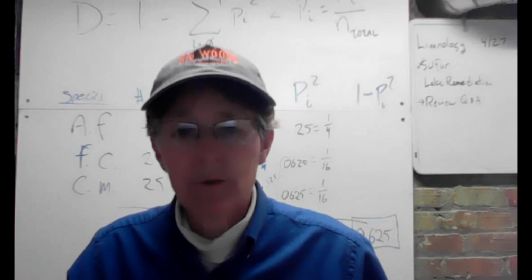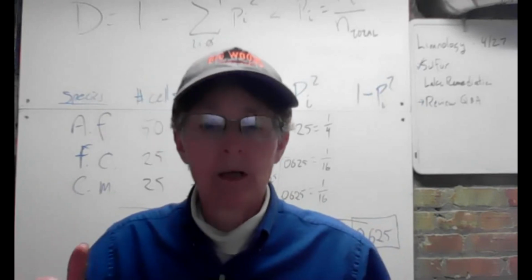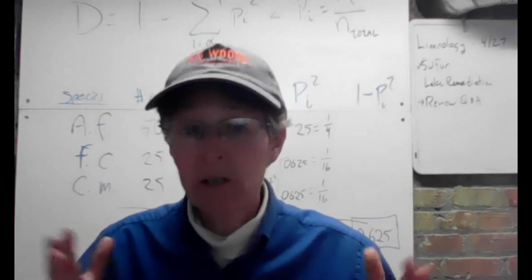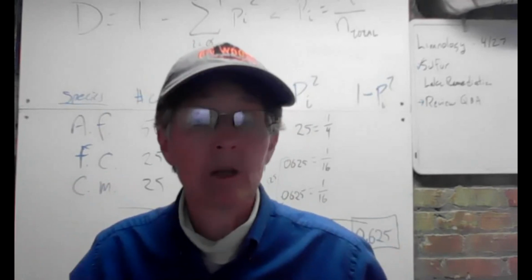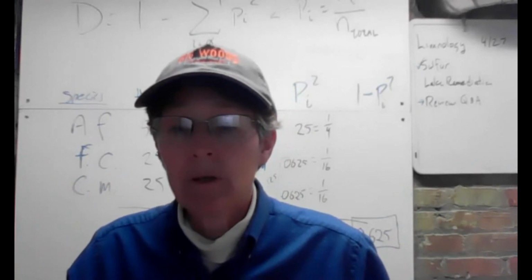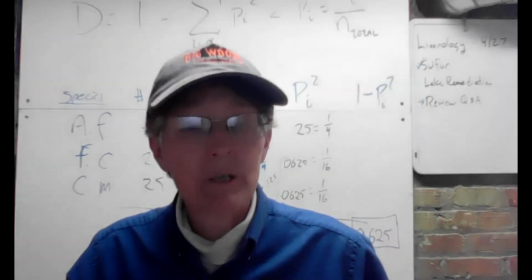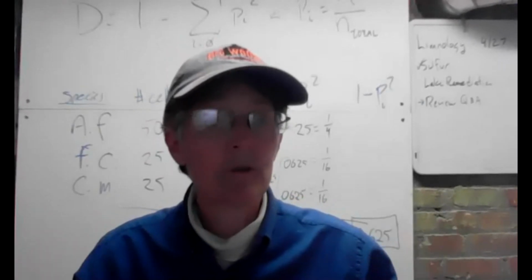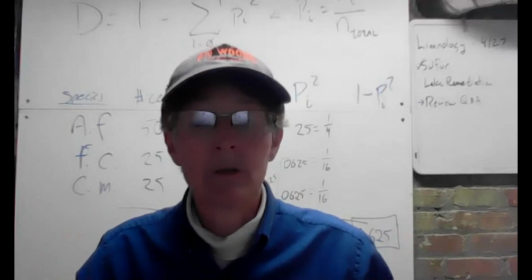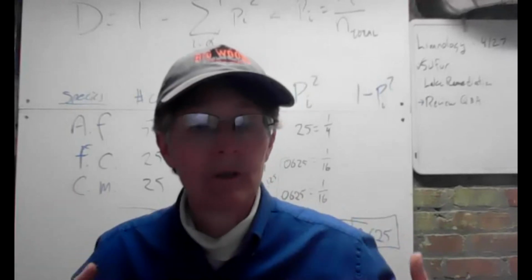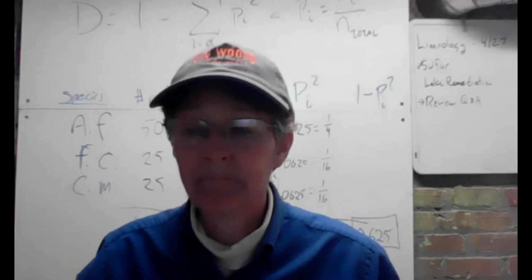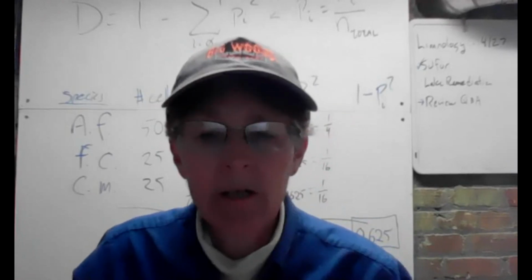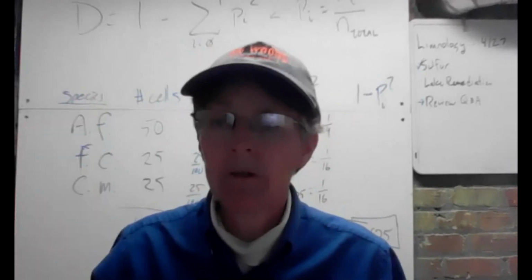So that's why we use this one and why we use it in this form. It is widely known, widely used, and in part because it makes sense. A community that's more diverse is going to have a higher number, less diverse, lower number. All right, any questions about this?